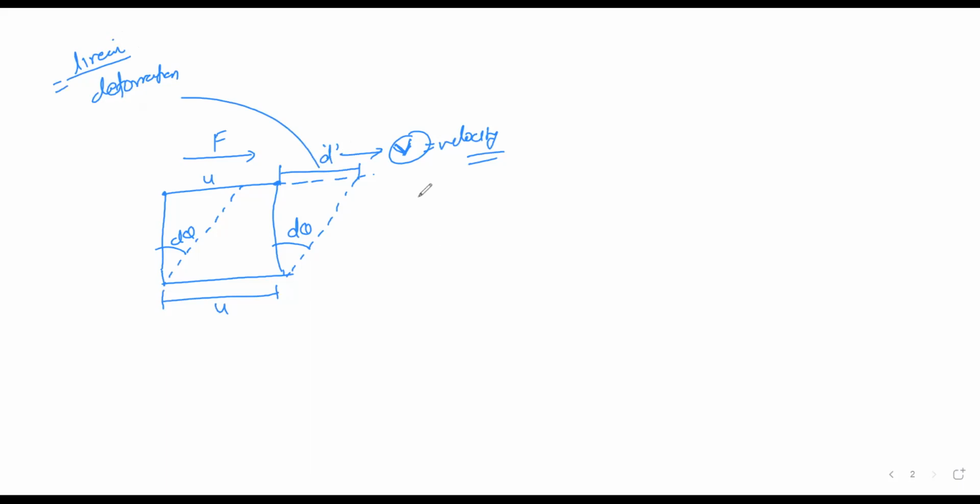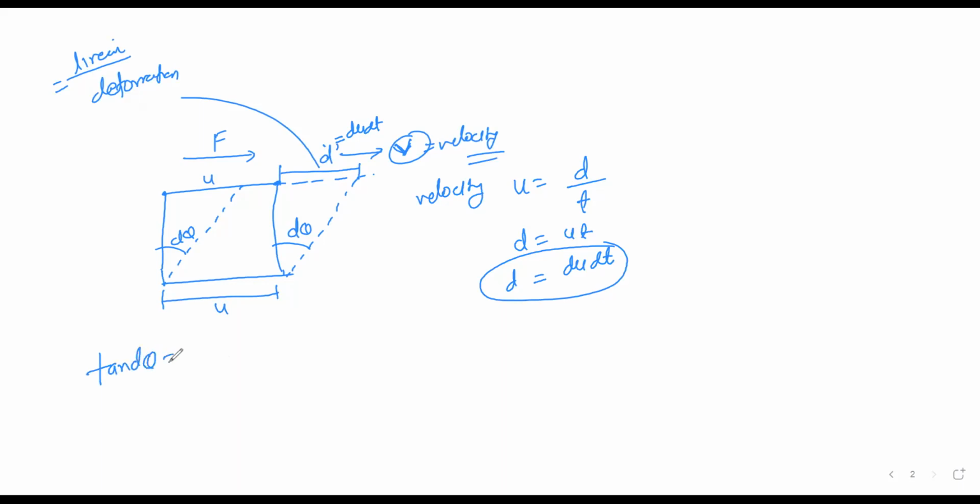Let's say the velocity is indicated by u, equal to distance by time. So the distance is u into t, but taking the derivative, it will be du into dt. So we can replace this distance by du into dt. Now tan d theta will be perpendicular over base. Let's say the height of the parallel surface, or thickness, is dy.